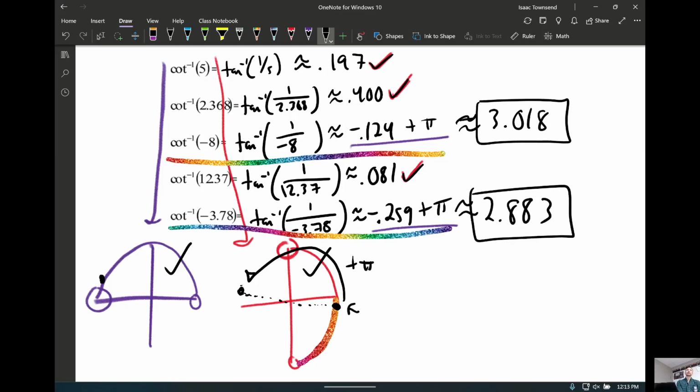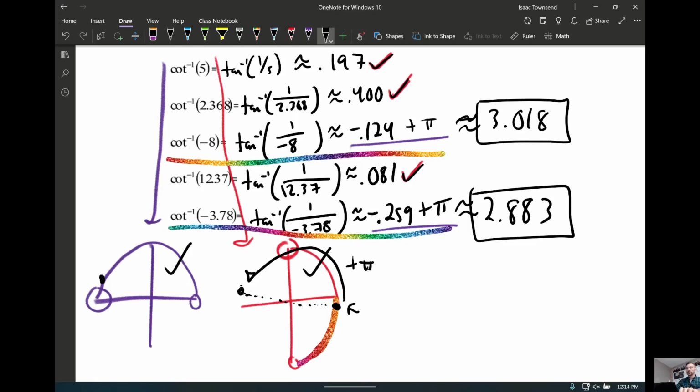So when you do inverse cotangent of something positive, and you have to type it in your calculator as inverse tangent of something positive, you don't have to do anything to your answer. In fact, doing something to your answer would make it incorrect, because both of these exist in quadrant 1. But this is what you might want to write in words, because this is all you really have to know to get the answers right.